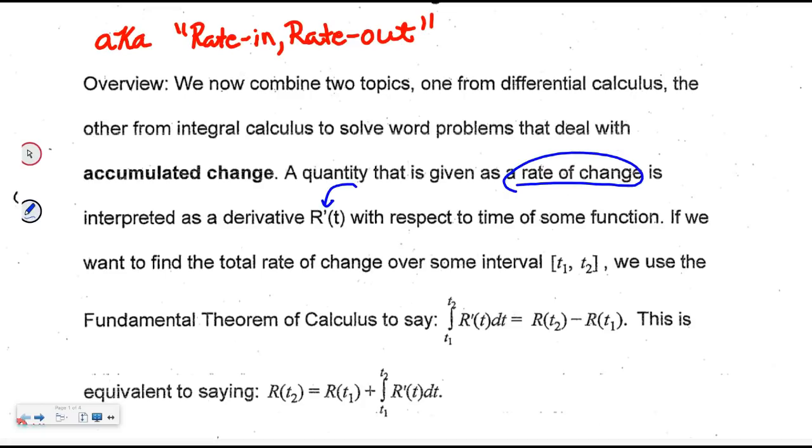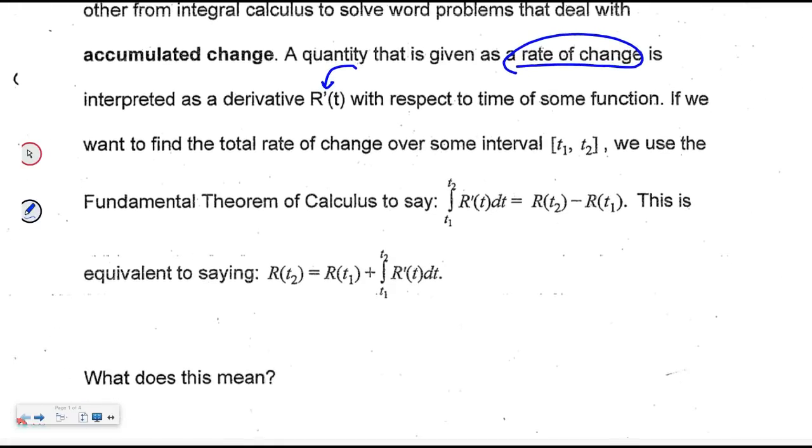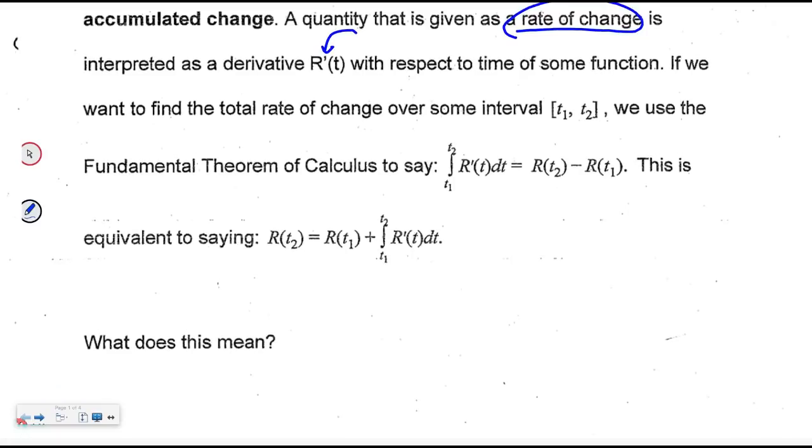If we want to find the total change over a given time period, this is the calculus of it, but let me explain what's going on here. This is some rate of change. Let's throw some fake units on there. Suppose that's water leaking and it's in gallons per hour.